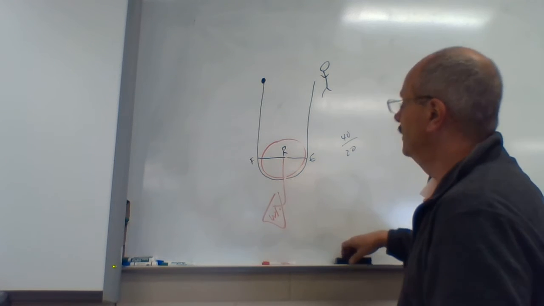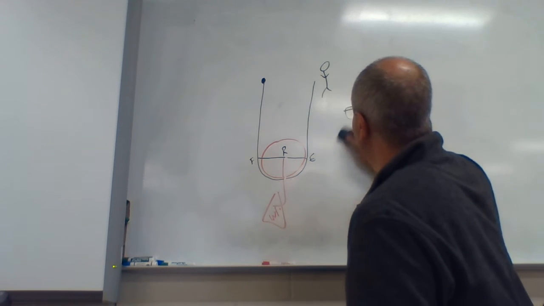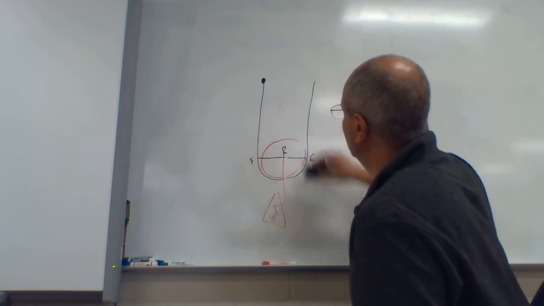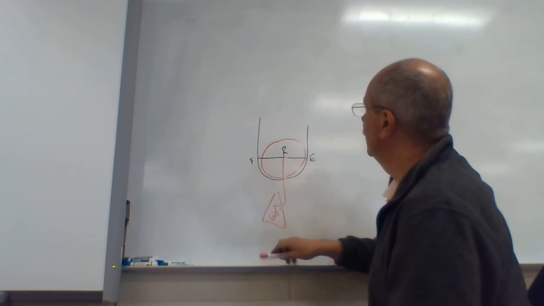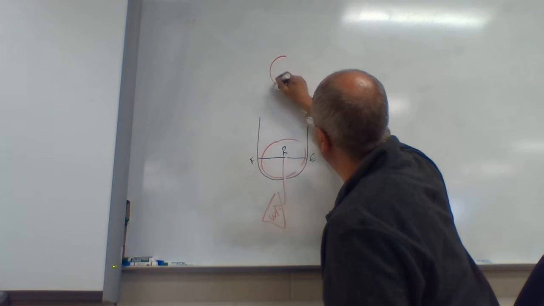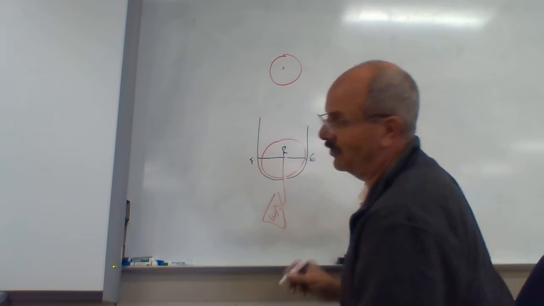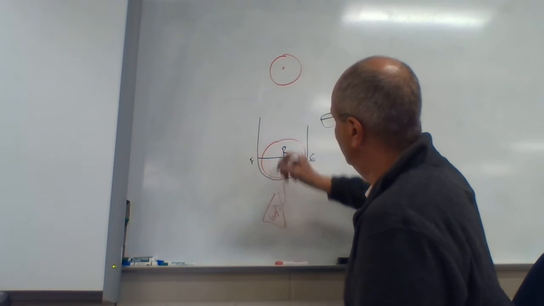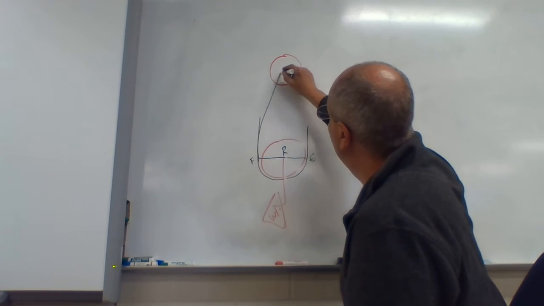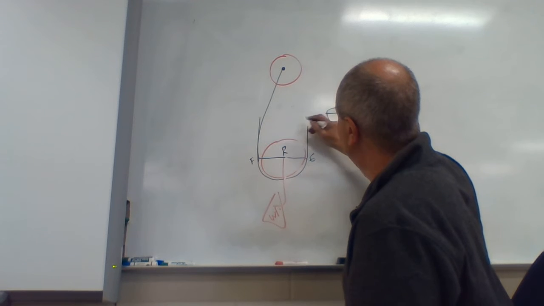All right. Now to give you another example, let's get rid of this person here and change this a little bit. Now I put a second fixed pulley up here, a fixed pulley at the top that's not moving. This rope comes up here and attaches at the middle.